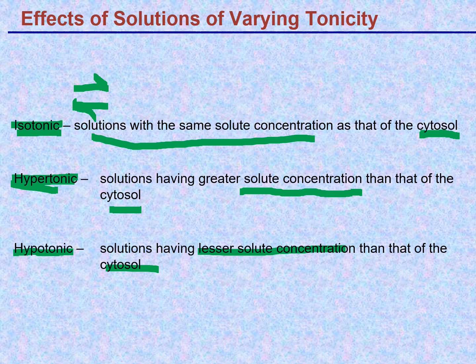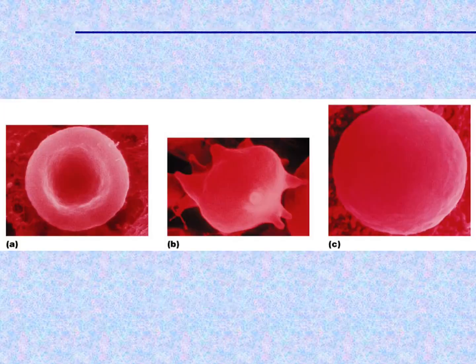In a hypertonic solution, what you'll have is water moving out of the cell, not in. And for a cell in a hypotonic solution, you'll have water moving into the cell. And the driving force is the concentration gradient.